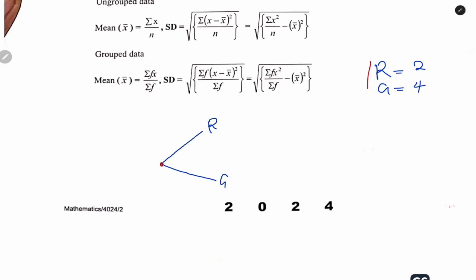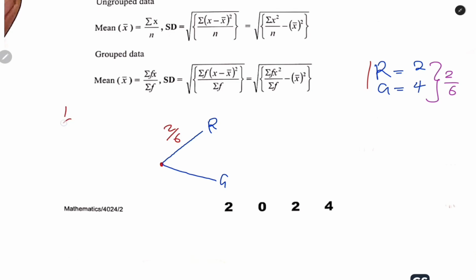Now what is the probability of picking a red bead in the first pick? You always use the total, which is 6, and divide 2, that is for red beads. So you are going to have 2 over 6 in the first part.